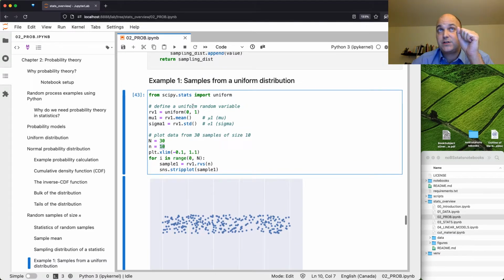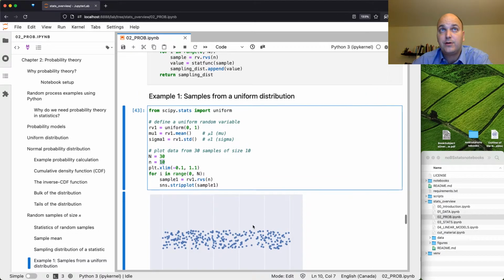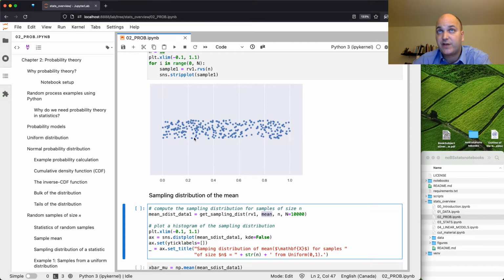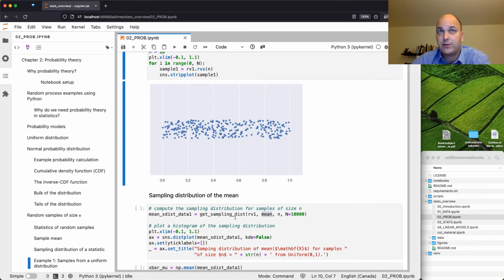So now, that was the raw sample data that were shown as points. Now imagine for each sample we compute the mean of the sample, so the average value of each sample. So for this point, this point, this point, the average is going to be somewhere in the middle. For the other points, it will be somewhere else, and so on.